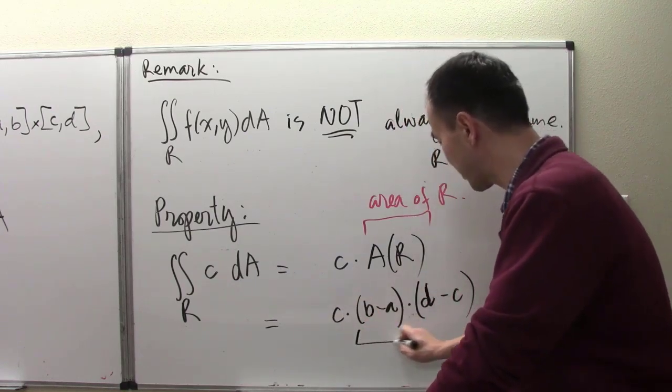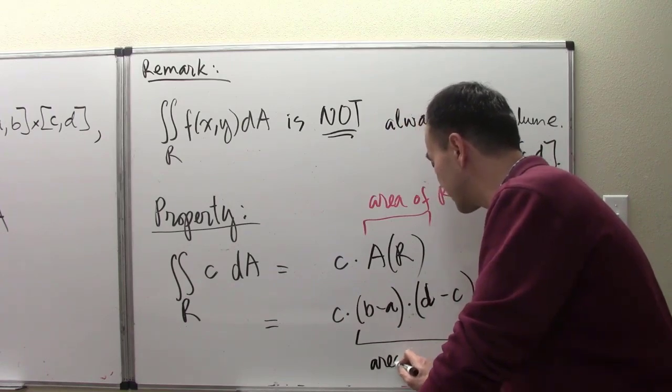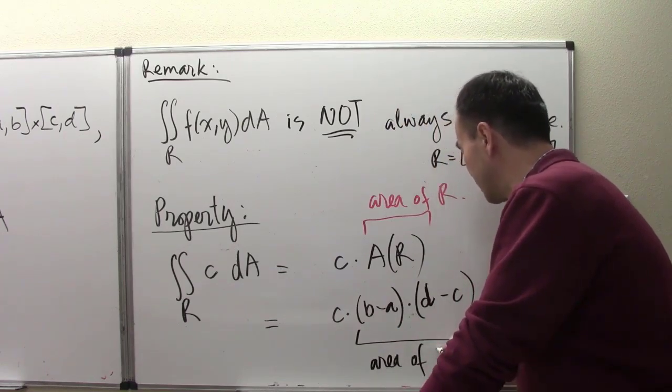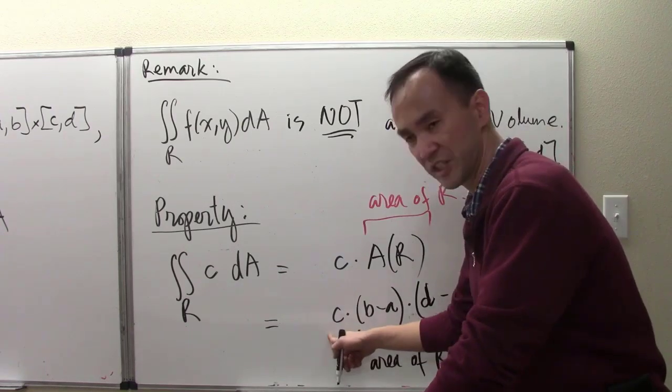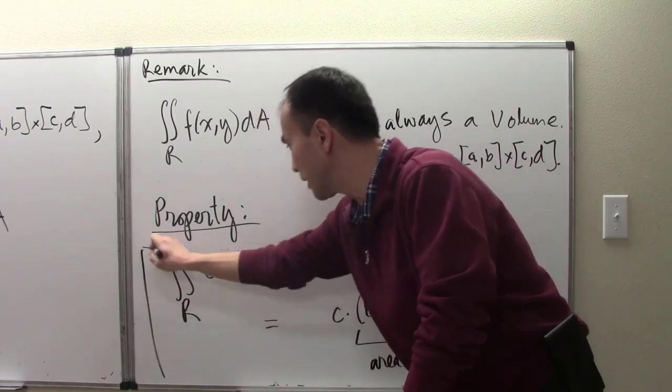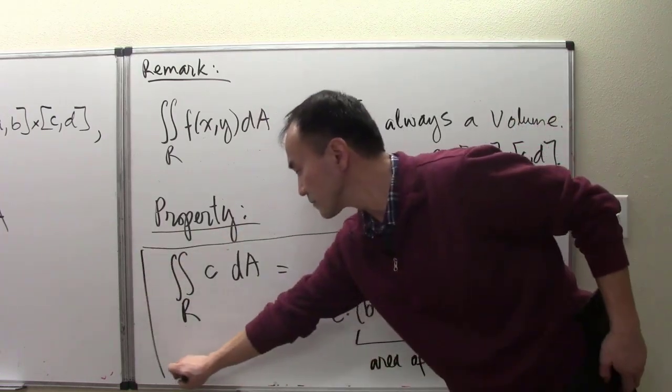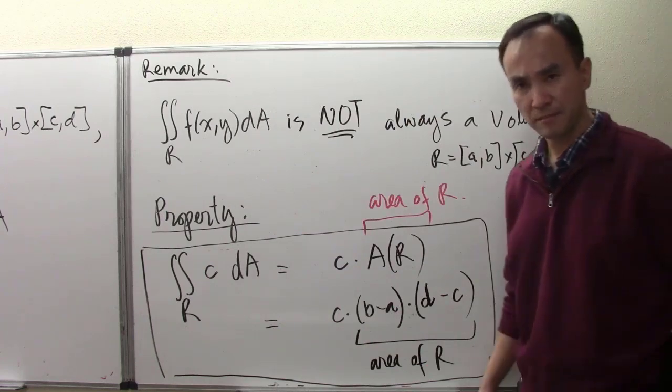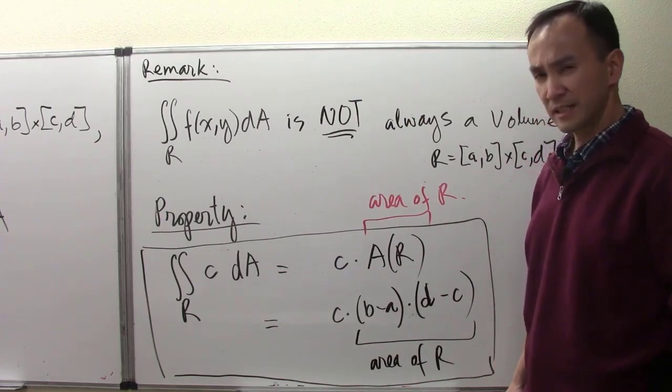So this part right here is the area of the rectangular region R, and we multiply with c. Okay, so that's one property.